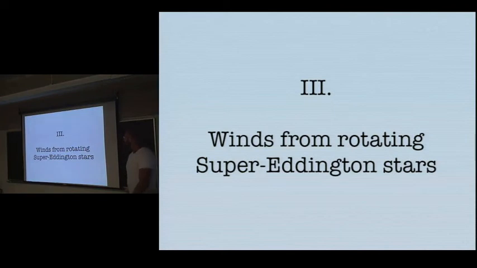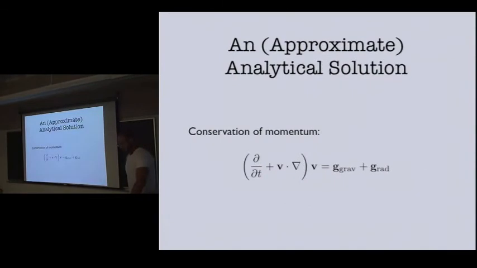This is what I want to explain. And so here I come to winds from rotating super-Eddington stars. I will not put you through all the details of the computation. I will just show you the key players and establish notation.